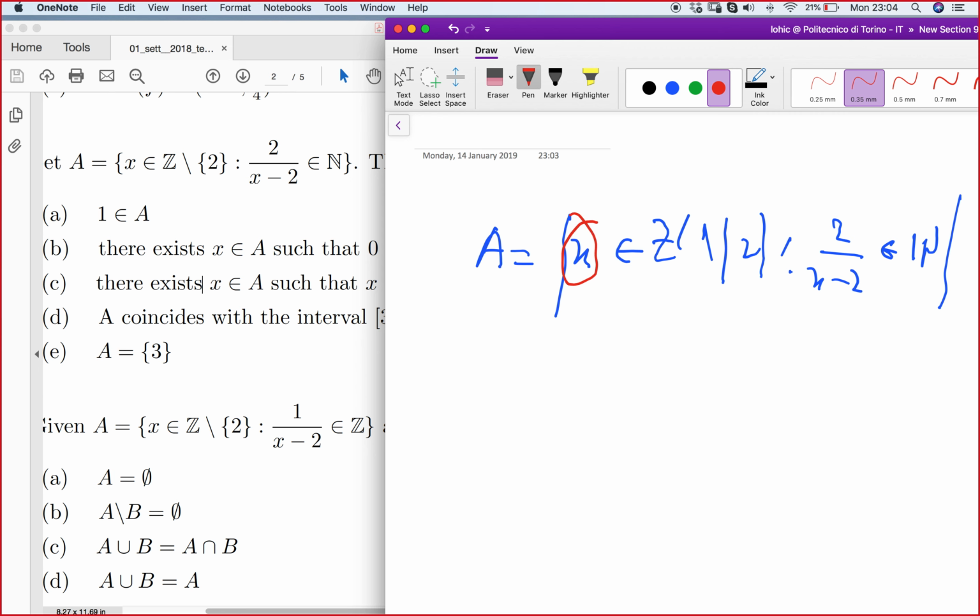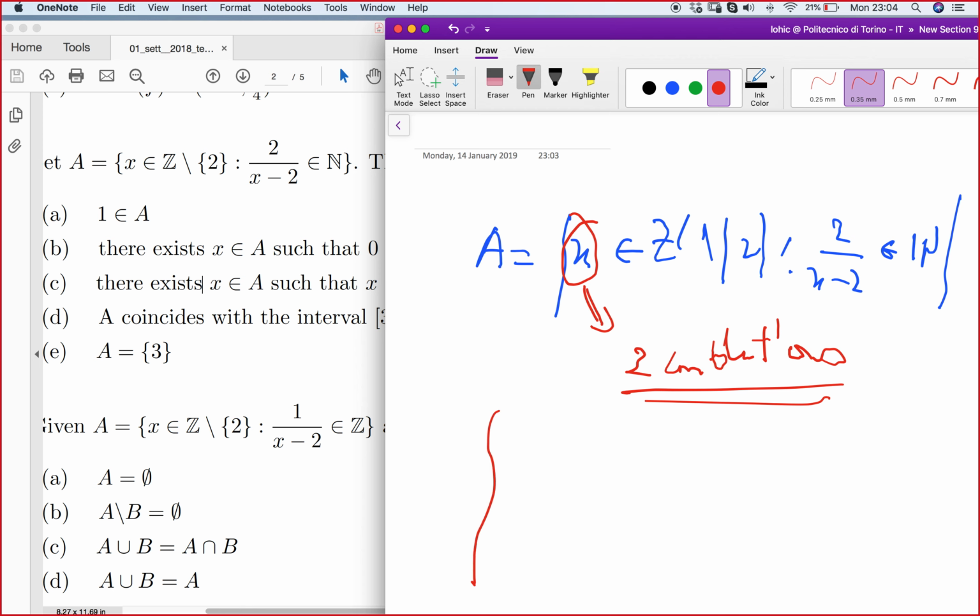And any x, to be an element of this set, should satisfy two conditions. I repeat, any x to belong to this set should satisfy two conditions. What are these two conditions? The first condition is that x should be an integer number but not 2. Is that clear?